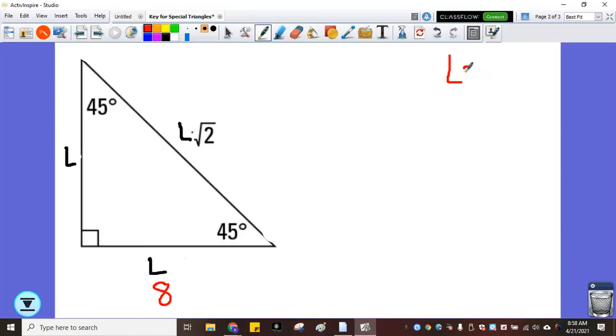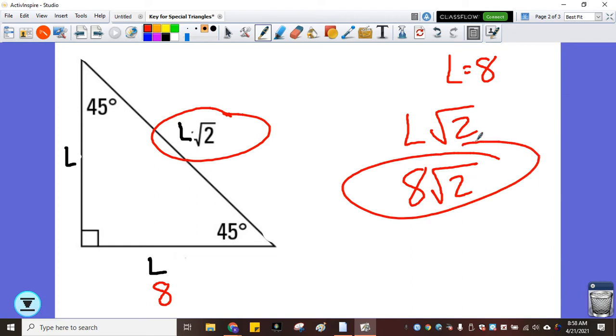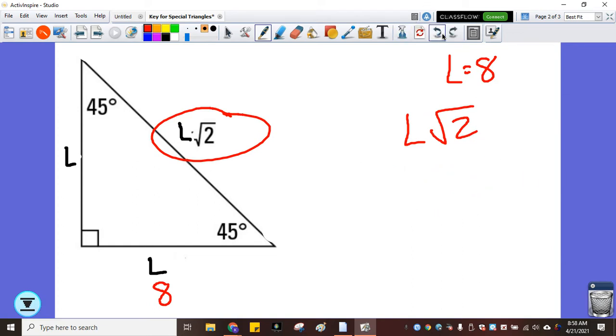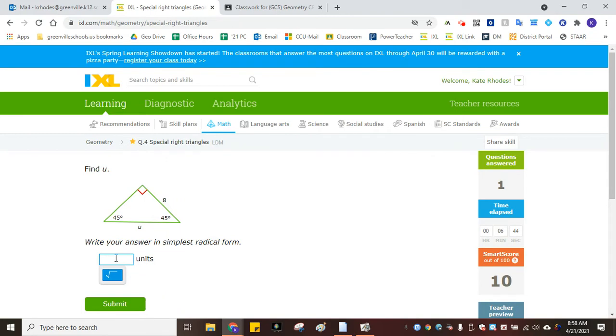So L equals 8, and we're looking for this side, so that's L square root 2. Well, we know L is 8, so this is 8 square root 2. All right, not bad. Pretty easy still. 8 square root 2.